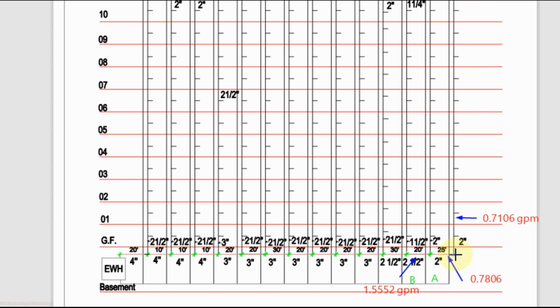Similarly, the GPM required for the pipe segment before last two risers, riser number 14 and riser number 13, will be equal to the sum of GPM for riser number 14 plus the GPM for riser number 13 plus the GPM for pipe segment A and plus the GPM required for pipe segment B, and its value we have calculated is equal to 1.5552 GPM.